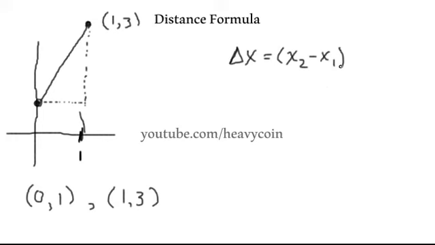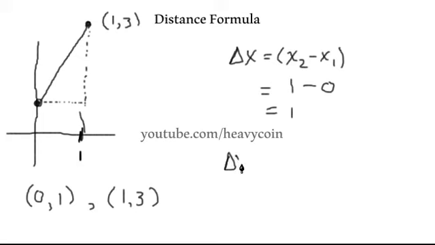Okay, so this was our difference in our x coordinates, our first coordinates. So let's see exactly what that is. We have 1 minus 0. So 1 minus 0 is just 1. Well, yeah, it's just a distance over 1 unit, as I can see here.